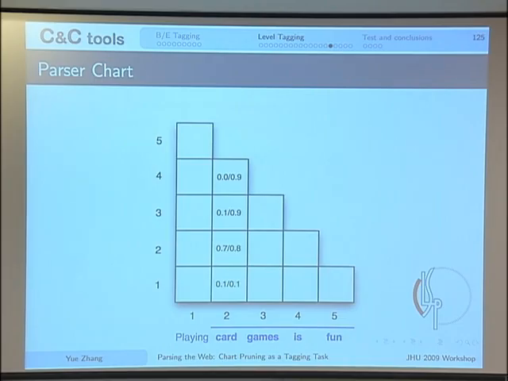The theory behind this has been reported in the previous progress report, and I don't have time to go into details. As we move upward the column, we see that the probability of level tags increase. So we can set a threshold value, probability, and choose the level tag as the smallest non-zero value that has the probability above this threshold.